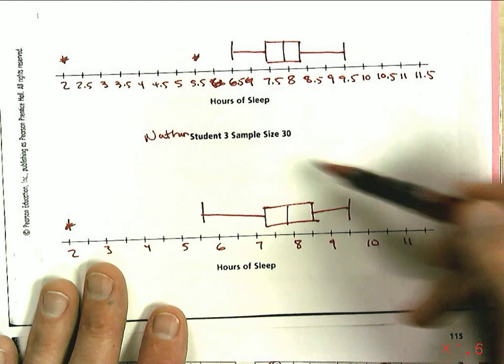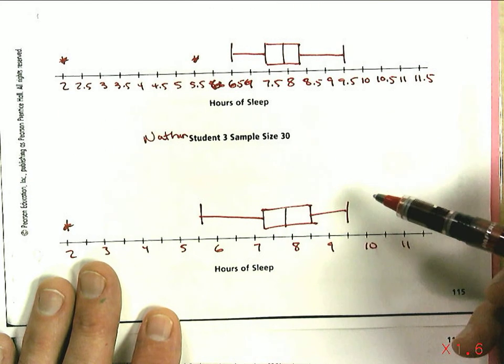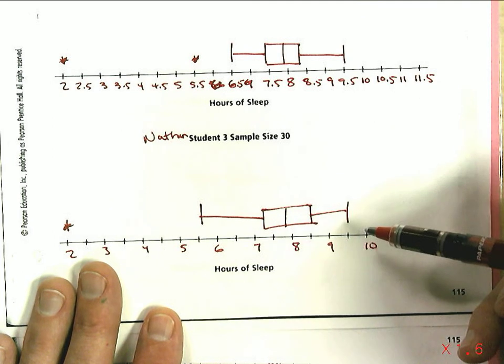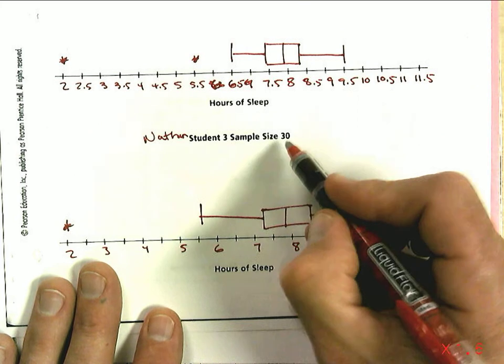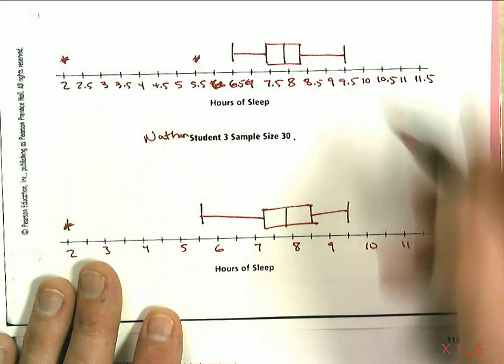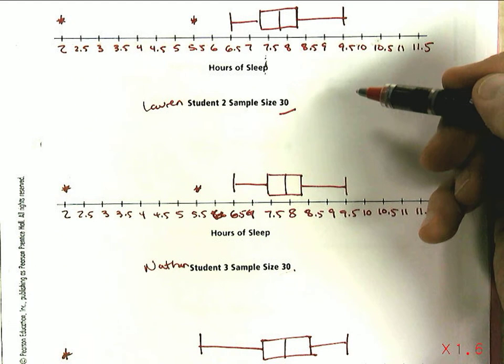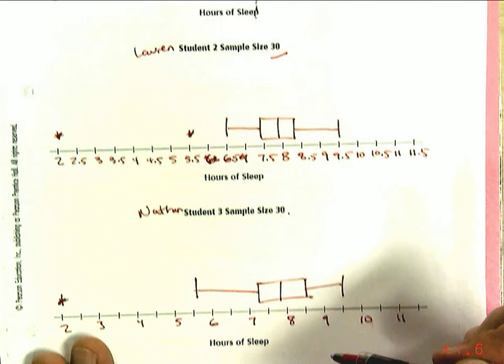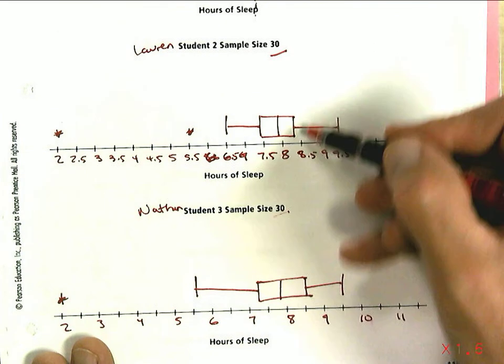And then Nathan, another student that I had in class, whose box and whisker plot I copied. This was his box and whisker plot from his sample size of 30. So each of us did a sample of 30. Each of us did our own box and whisker plot. Some of us had the same people in our samples, but this was 3 different samples of the same 100 people. And you can see that the boxes are fairly similar.